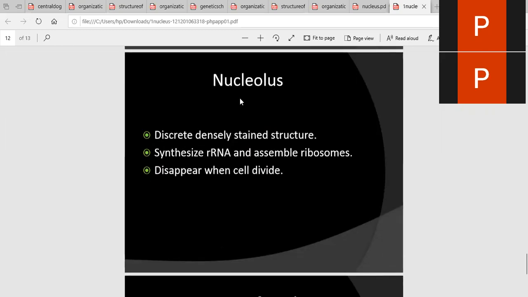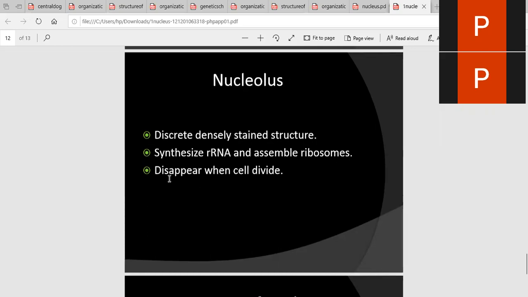And the nucleolus: you can see here inside the nucleus there is one nucleolus also. This is a discrete, densely stained structure, and it synthesizes rRNA and assembles ribosomes.